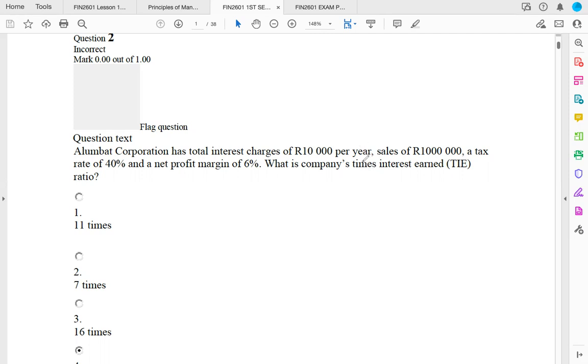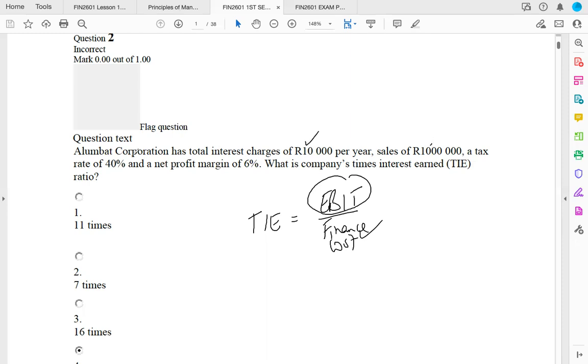So in this case, we know that the times interest earned ratio is given by our EBIT over our finance cost, or our interest expense, right? But you'll notice that we haven't been given our EBIT. We've just been given the interest, which is the finance cost.